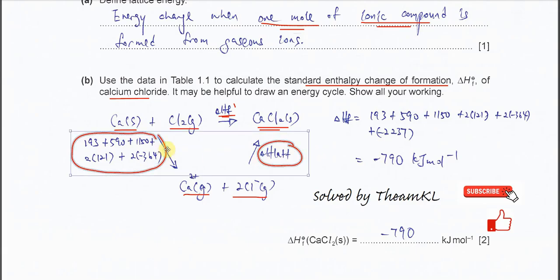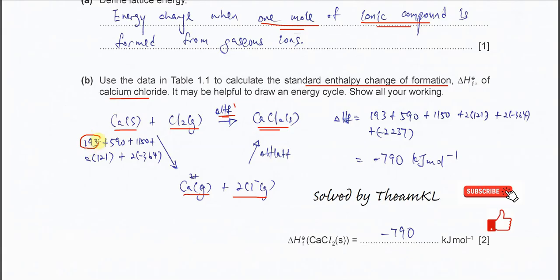So let's start with this part, calcium and chlorine. Calcium needs to undergo atomization before it forms ions. So 193 is the atomization of calcium, meaning from solid to gas.